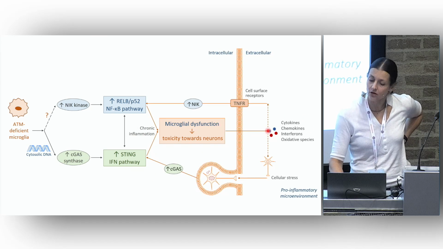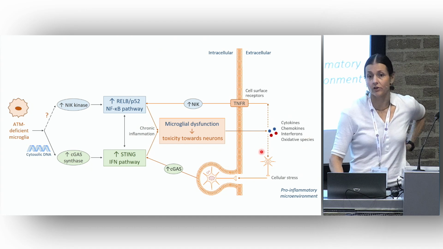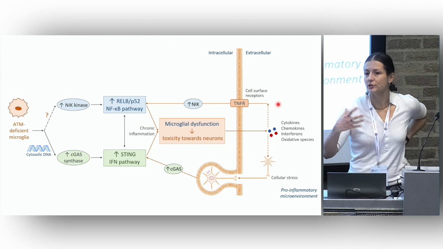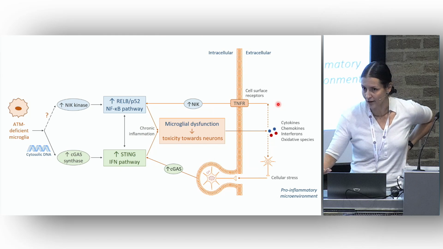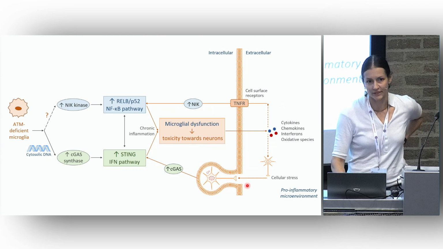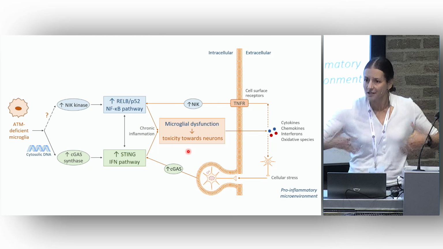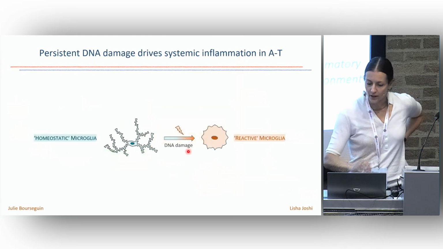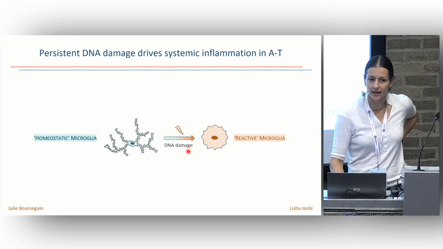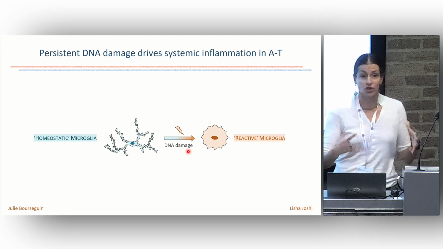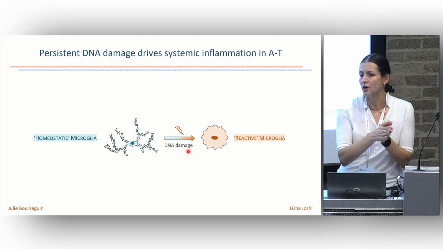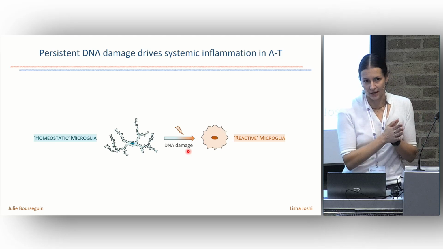Now, the result of course, production of huge numbers of different pro-inflammatory molecules, is that we're going to have huge numbers of positive feedback loops through a number of different receptors, which I'm mentioning here, and set off this inflammation and propagate it. One thing I wanted to quickly mention is that we can drive this change by just treating cells with very low levels of a variety of different DNA damaging agents.